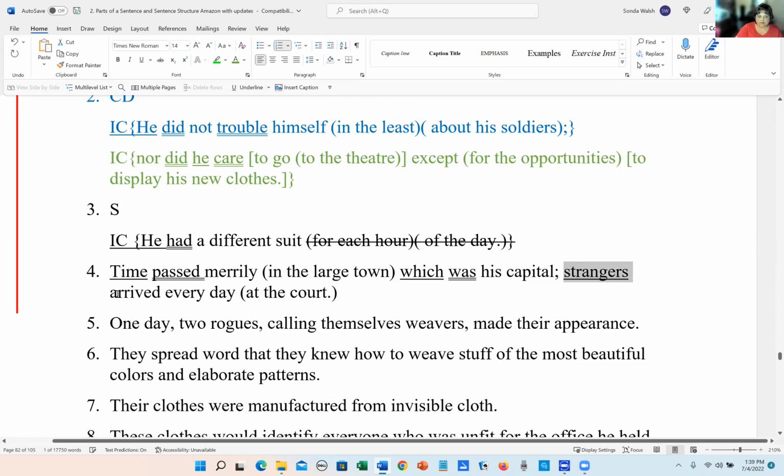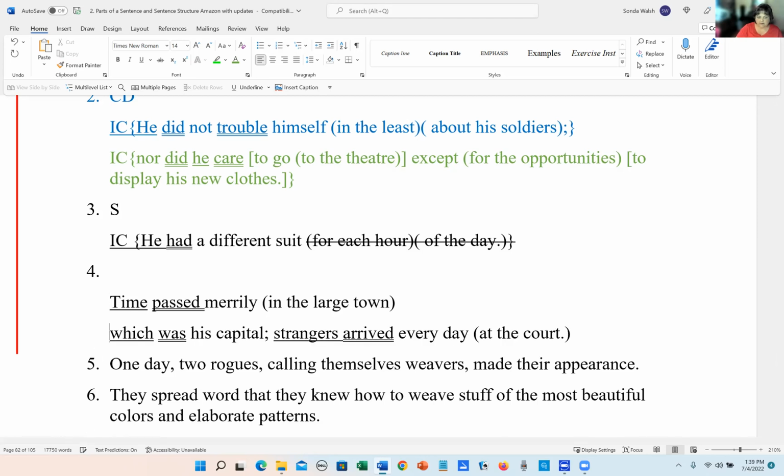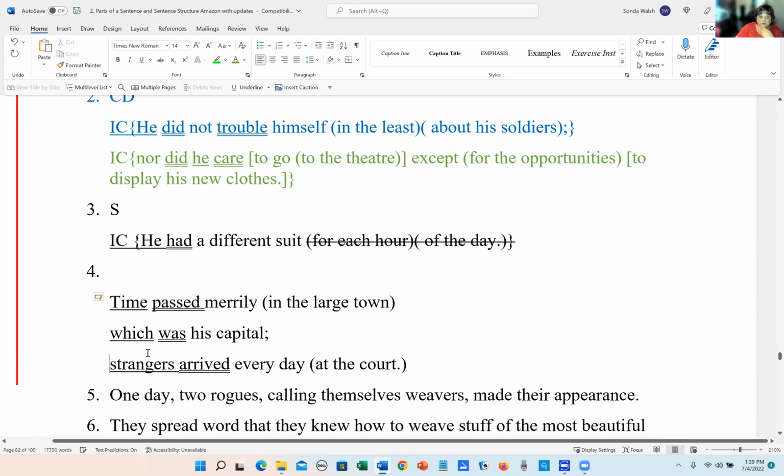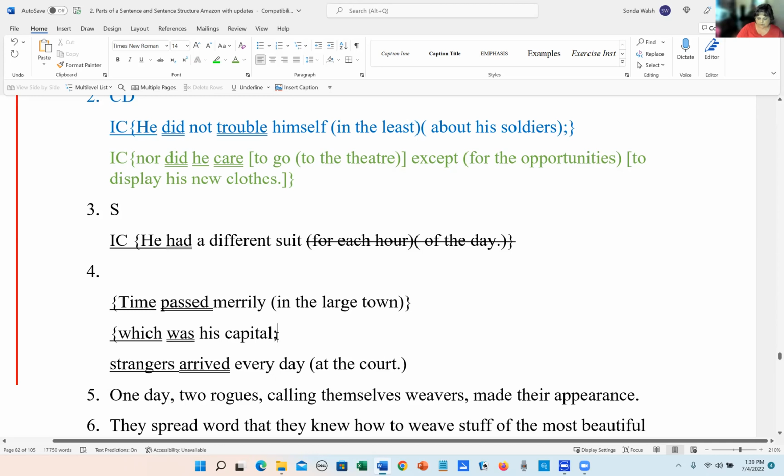And arrived is the verb. Okay, now let me break this out at this point into one clause on each line so we can identify it easier. I've just got it broken down to where we have one subject and verb on each line. So let's put brackets around it. So we only want one set of subjects and verbs in each bracket. That way we can identify it easier.